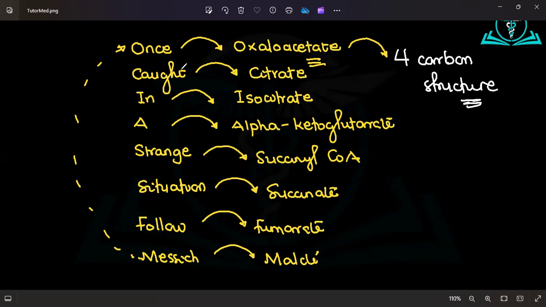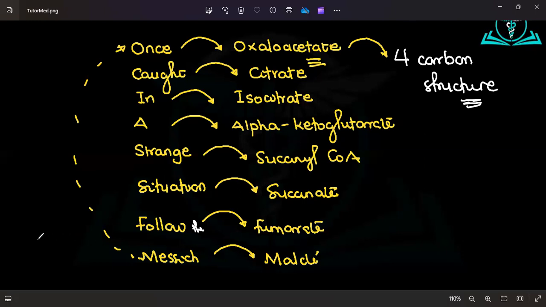I was saying that the TCA cycle begins with oxaloacetate, and then it goes through some components, but we're trying to get a mnemonic so that we can remember the components very fast. So oxaloacetate: once caught in a strange situation, follow the Messiah. Oxaloacetate, citrate, isocitrate, alpha ketoglutarate, succinyl-CoA, succinate, fumarate, and then malate.